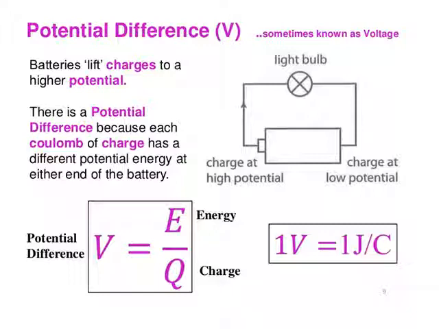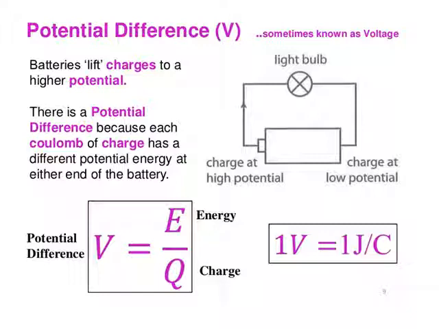Similarly, is this happening with the cell or a battery? Now look at the diagram here. The cell has two ends, one positive and one negative, and when they are connected to a bulb, the bulb glows. This is because one end of it is at high potential and the other end is at low potential.